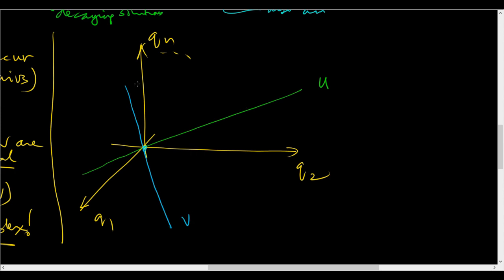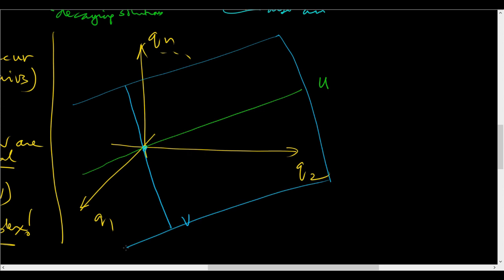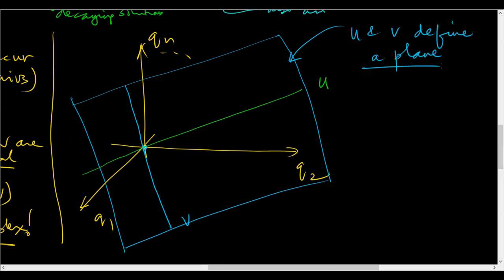So this u and v define a plane and trajectories stay inside that. So if a is less than 0, trajectories in the uv plane go towards the origin.